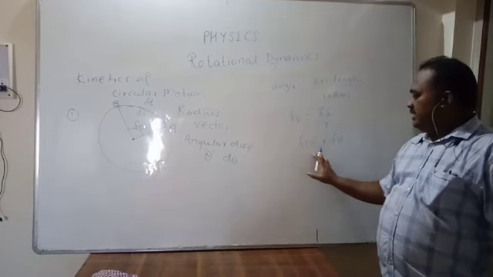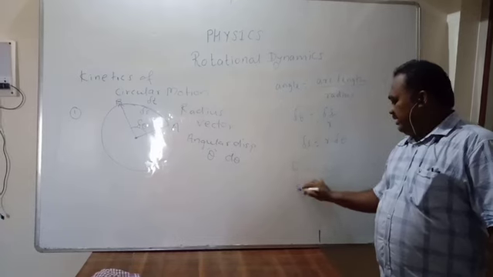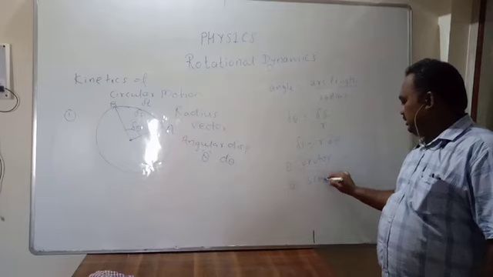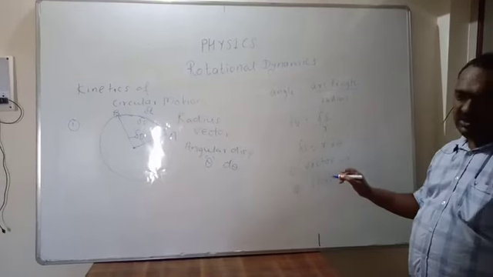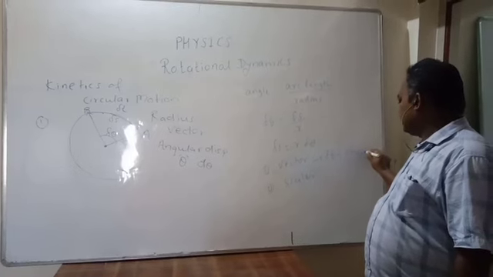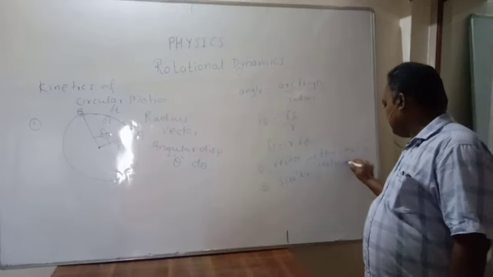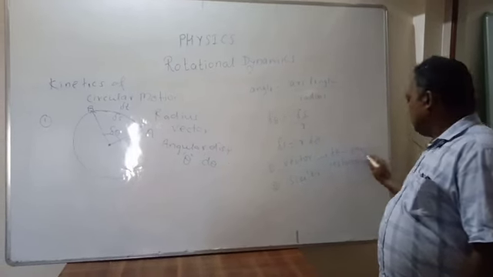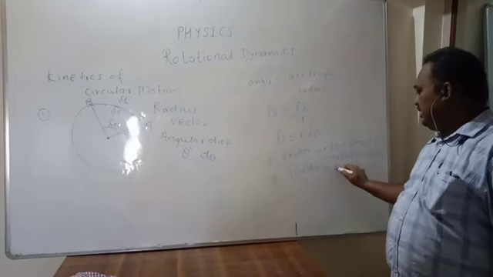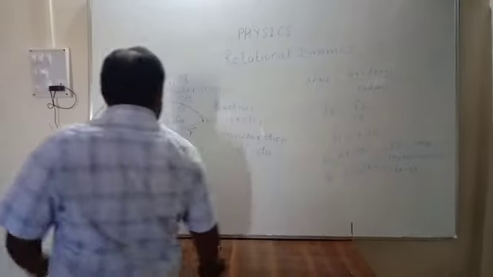An interesting fact: angular displacement is a vector as well as a scalar. When angular displacement is small or instantaneous, it is a vector quantity, and when the angle is large, it is a scalar quantity.